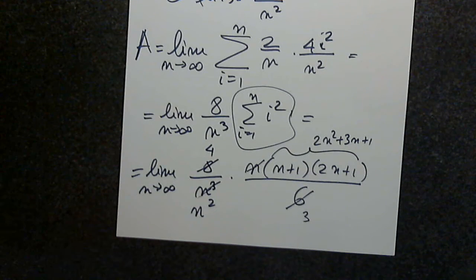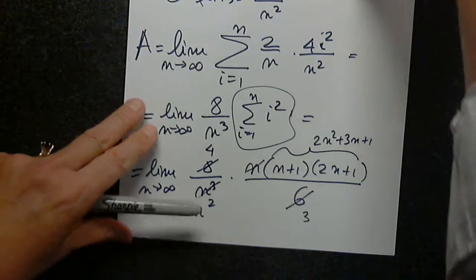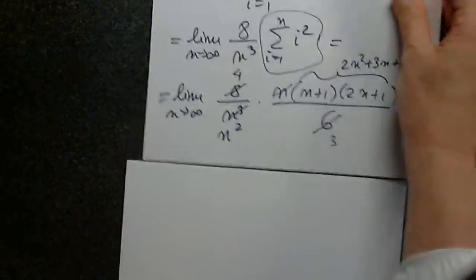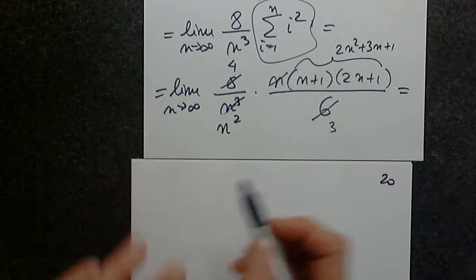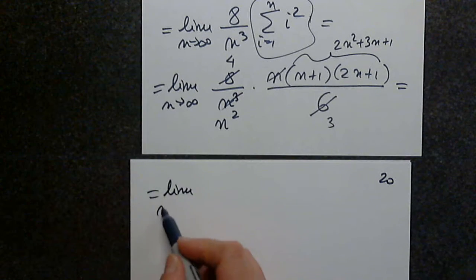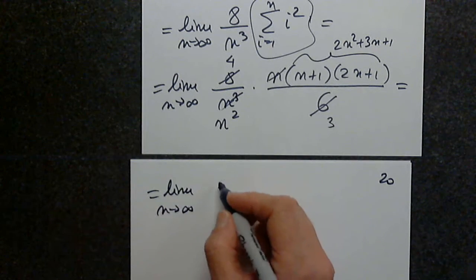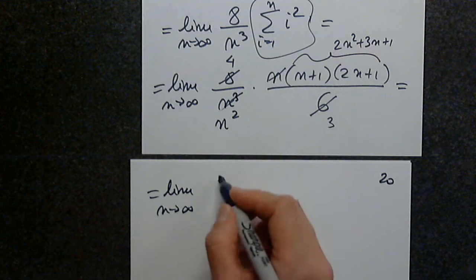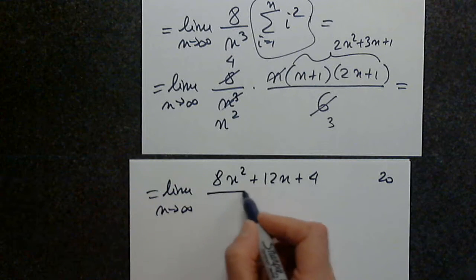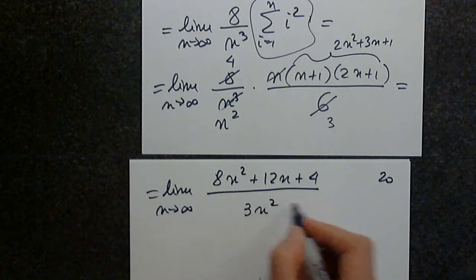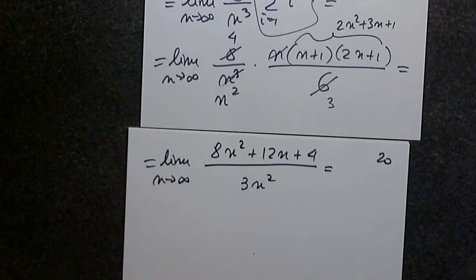The limit as n approaches infinity of 4 distributed here, 8n squared plus 12n plus 4, divided by 3n squared. You know the answer, but let's say we don't. The numerator goes to infinity. The denominator goes to infinity.